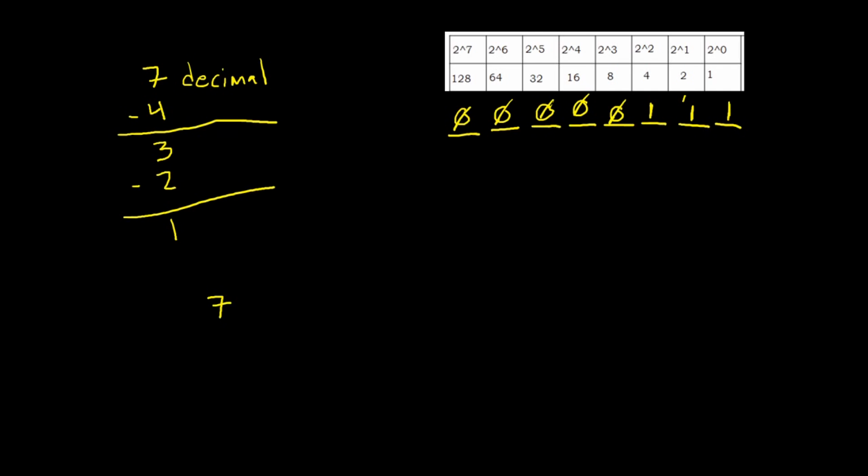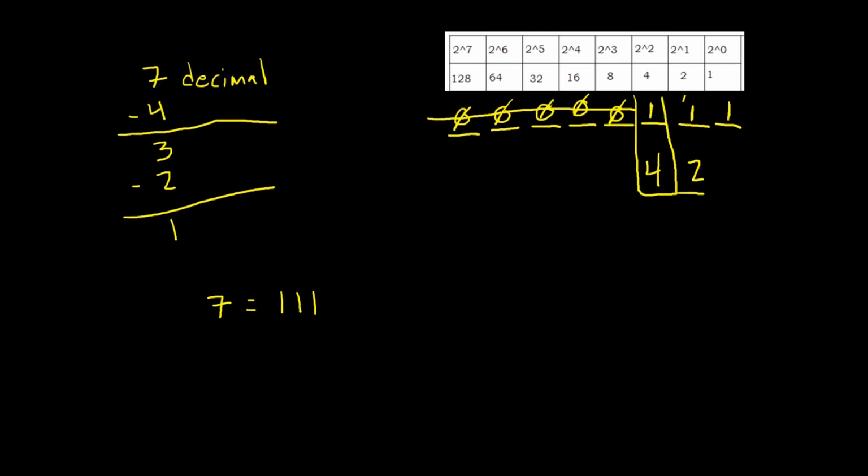So the number 7, and remember we're going to ignore all the front zeros, can be represented in binary as 1, 1, 1. Now, on the flip side of this, to prove that we are right, if we take these numbers here, we have the number 4 turned on.